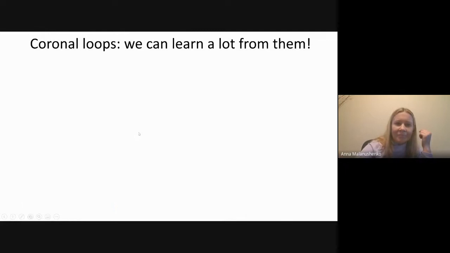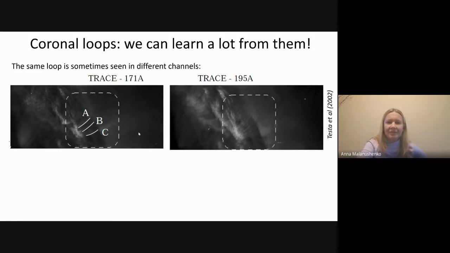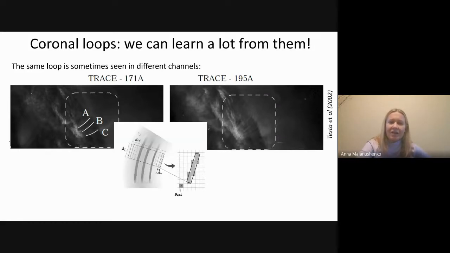For example, we can sometimes identify the same loop in different wavelengths. Then we can look at the intensity of a particular loop on our CCD detectors in those different wavelengths.